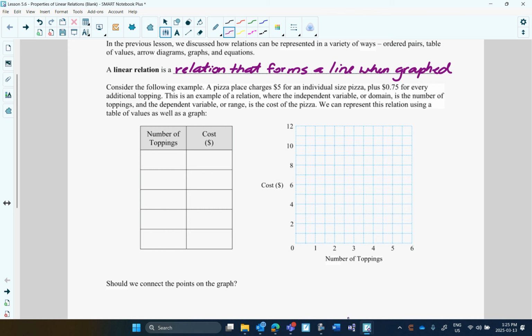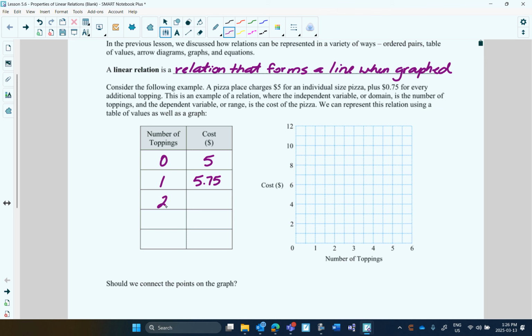We need to come up with some numbers to graph. How much does the pizza cost if it's just, assume that no toppings means just cheese? $5. One topping, $5.75.